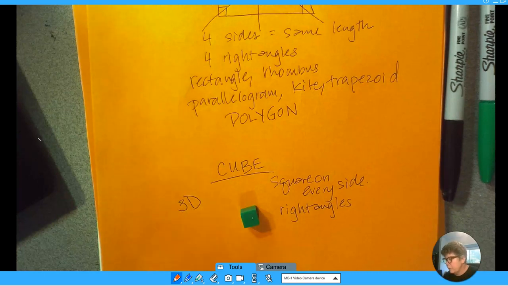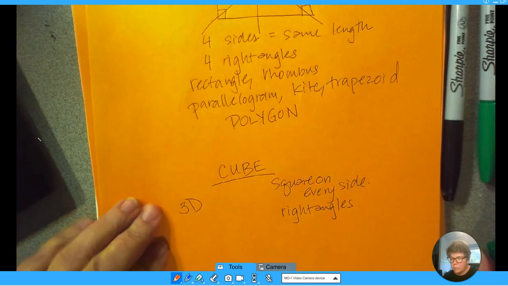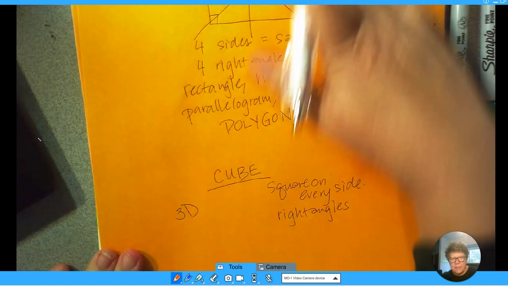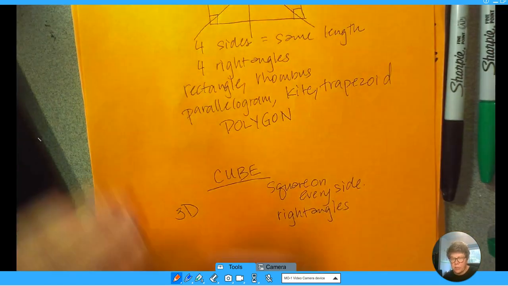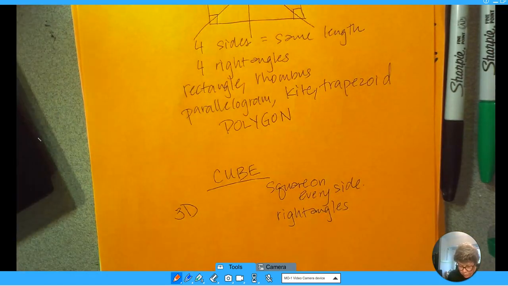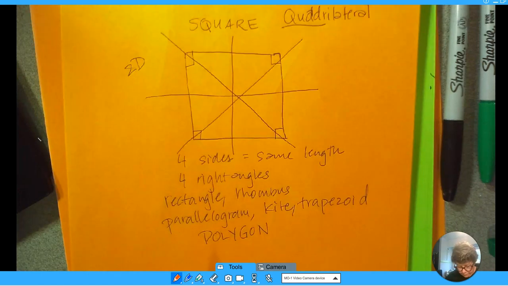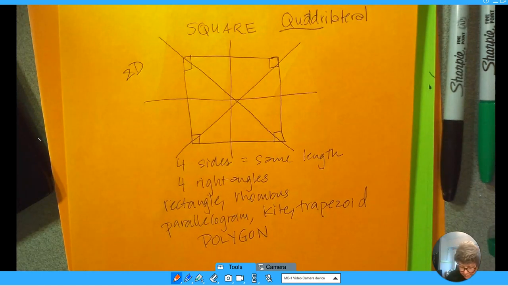So you could say the top of my desk is a plane. The top of this paper is a plane, right? It just goes in all directions. Okay, very good. So the square is 2 dimensions and lies in one plane. A cube is 3 dimensions, or a solid, and does not lie on one plane, right?